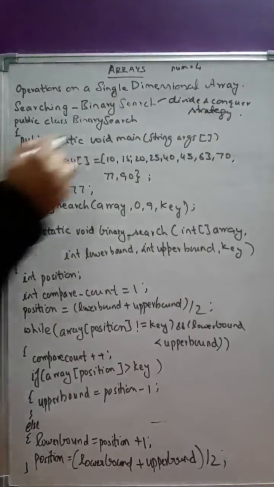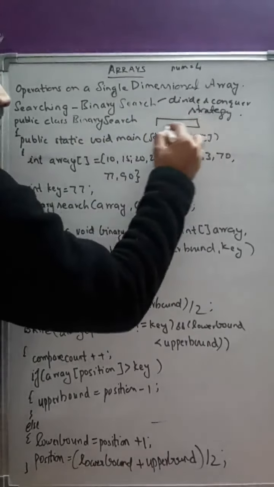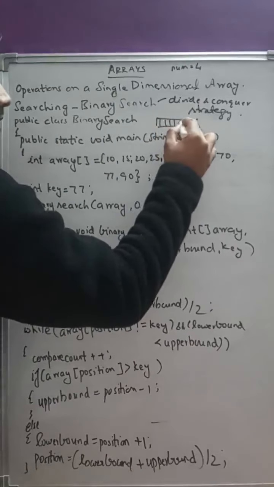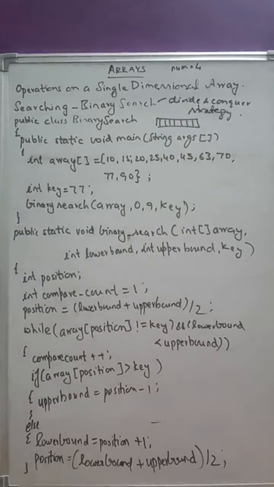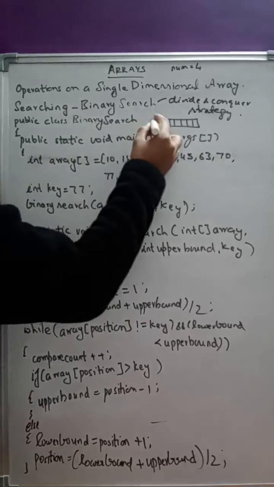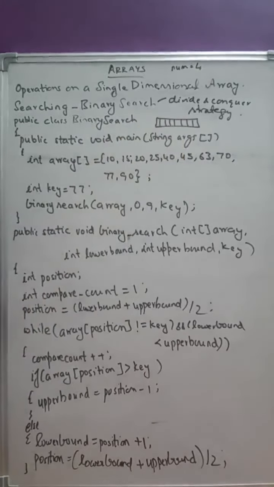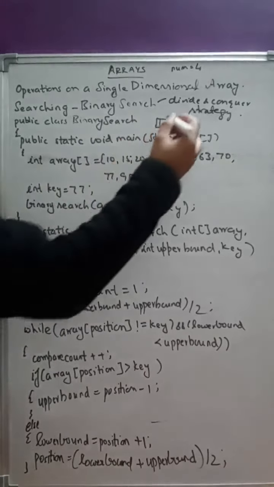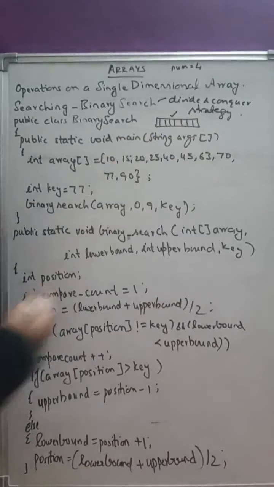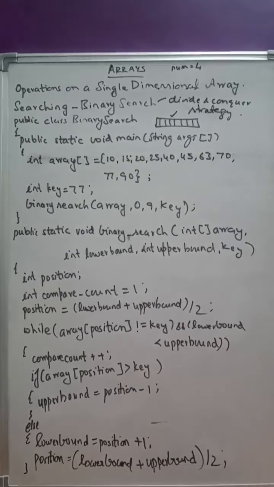If you have an array like this, then in binary search, whatever number you are searching for, you will first compare it with the middlemost element of the array.